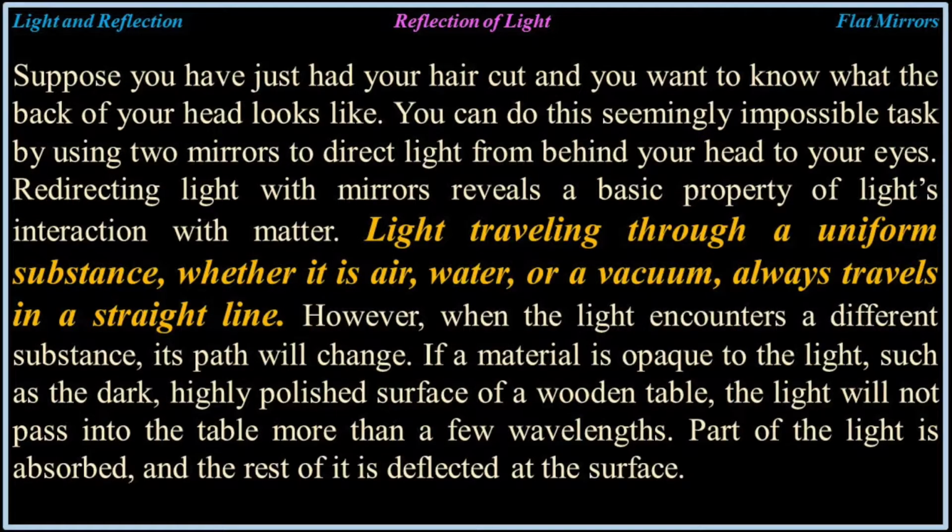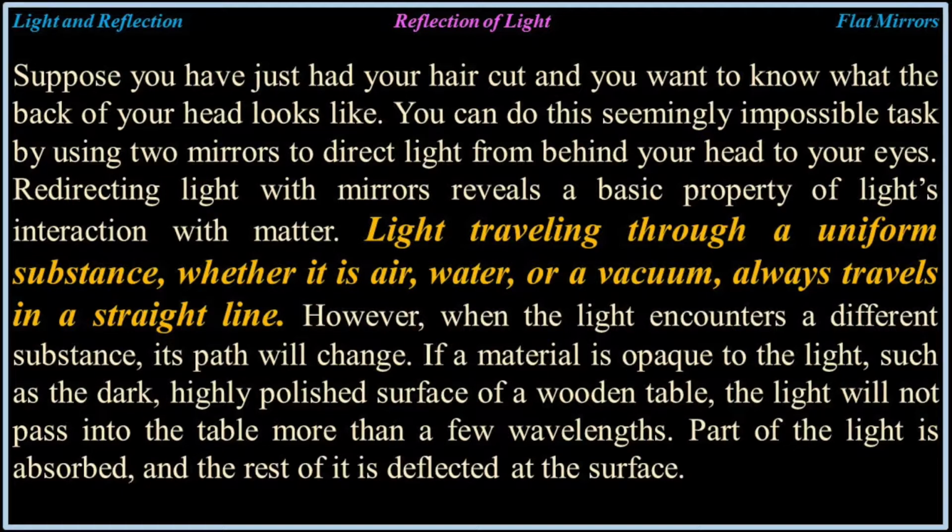Suppose you have just had your hair cut and you want to know what the back of your head looks like. You can do this seemingly impossible task by using 2 mirrors to direct light from behind your head to your eyes. Redirecting light with mirrors reveals a basic property of light's interaction with matter.